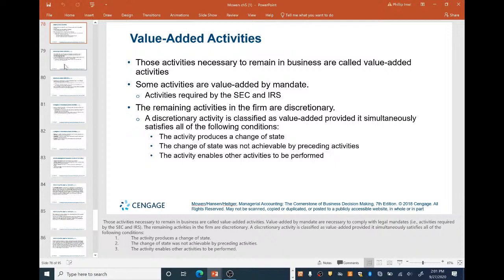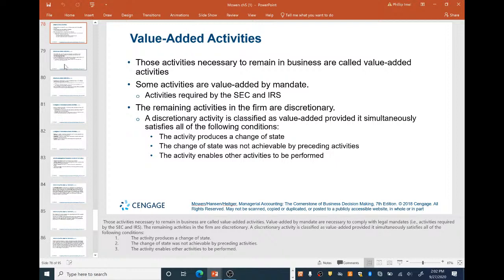Now, the remaining activities in the firm are going to be discretionary. A discretionary activity is going to be classified as value added, provided it simultaneously satisfies all the following conditions. Once again, a discretionary activity is classified as value added if it produces a state of change within the organization.